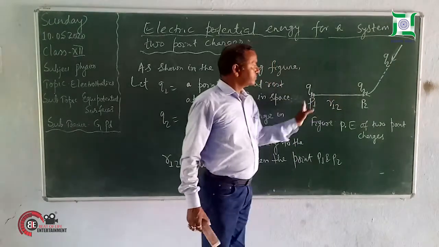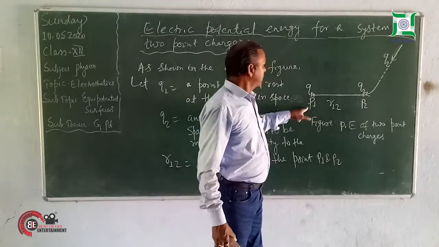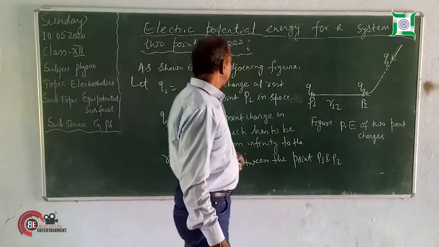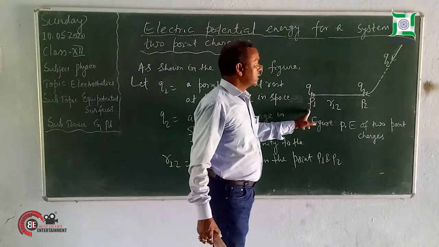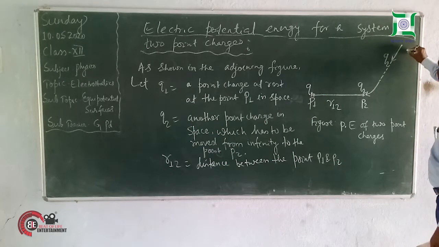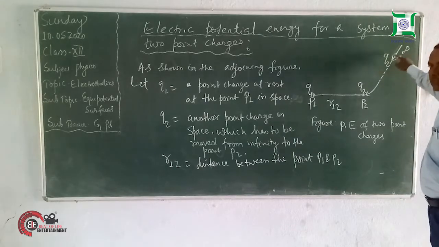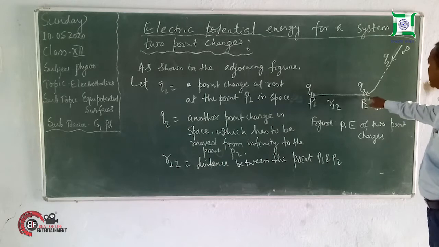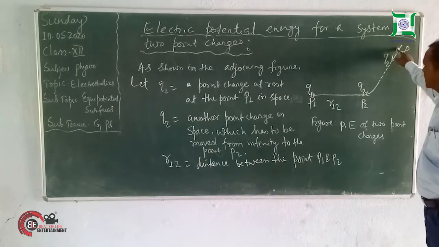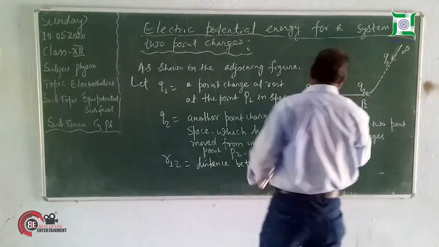As shown in the diagram, at the point P1 there is a point charge Q1 at rest in a space, and another point charge Q2 has to be brought to the point P2 in the space from infinity.